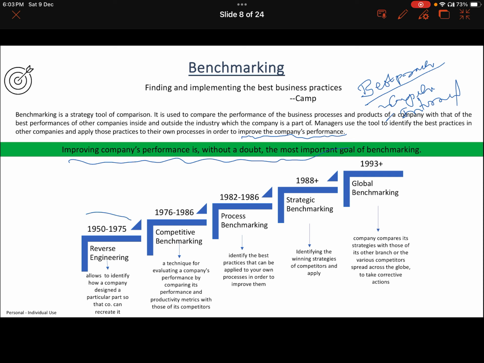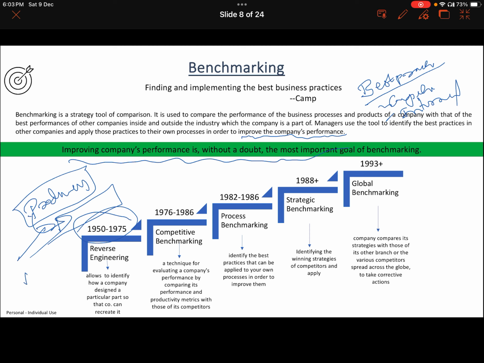Initially, in the 1950s, when benchmarking started, it was all about how other competitors were producing goods. It was about taking the production technology from others and recreating it. So there was no need to create a new process or new technology, just copying from other manufacturers.